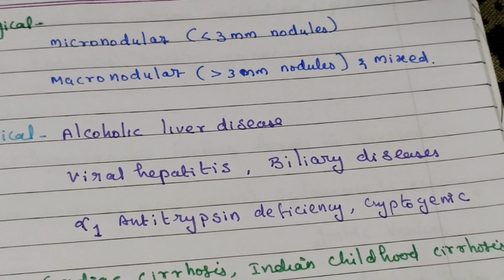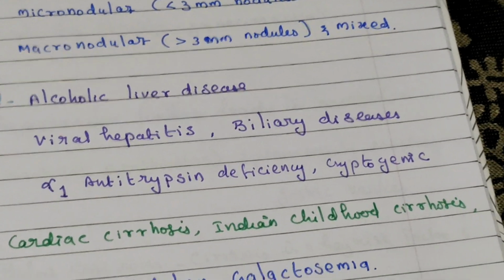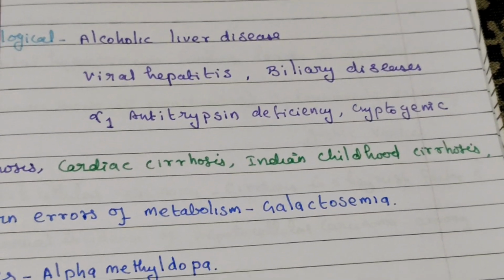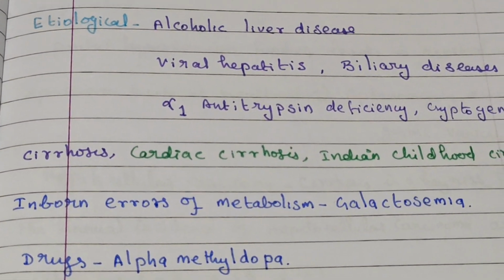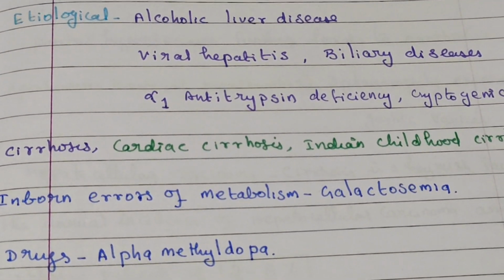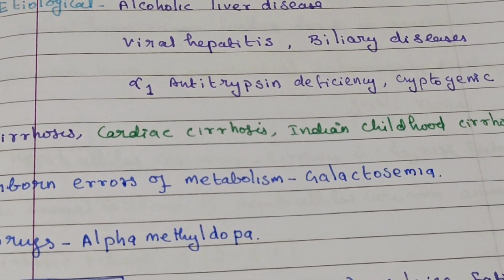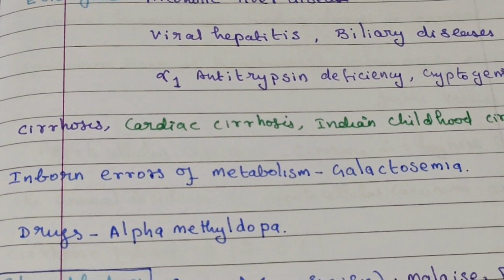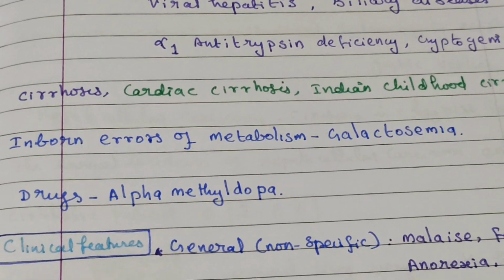Then there is cryptogenic cirrhosis, cardiac cirrhosis, Indian childhood cirrhosis, and then many inborn errors of metabolism such as galactosemia. Drugs can also lead to cirrhosis. These are mainly the causes of cirrhosis.